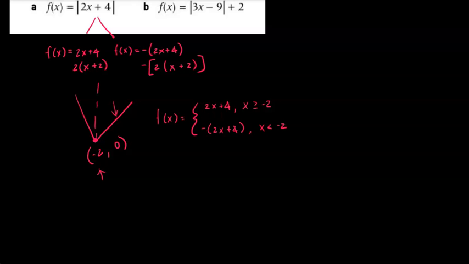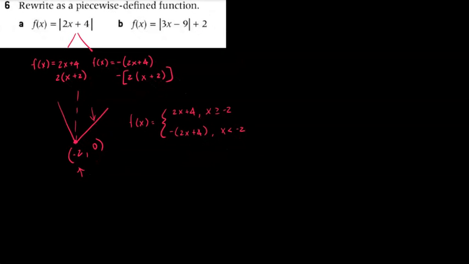And that's when x is less than -2. Okay? Good job. Let's go look at B. Let's go ahead and split those up. F of x equals, so we have a 3x minus 9, negative 3x minus 9. Take that first function right there. Okay, take out the x.